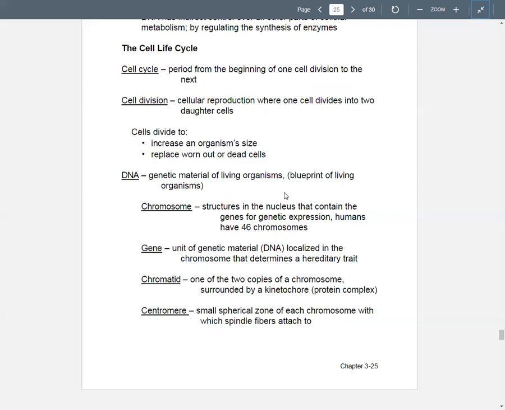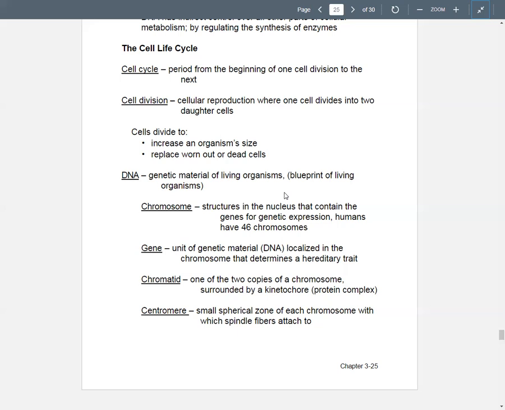And cell division is that phase of the cell cycle where one cell is dividing into two daughter cells. So the cell cycle is actually larger than just cell division. And why do cells divide? Glad you asked. Well, they increase the size of the organism, and they can replace cells that are dead or worn out.